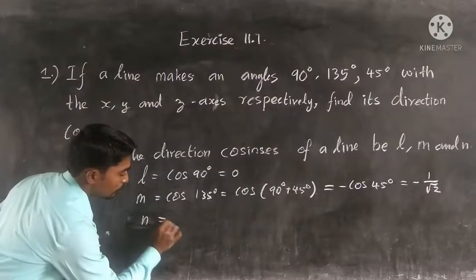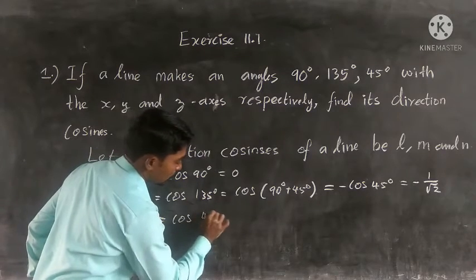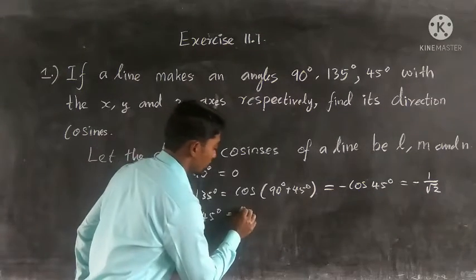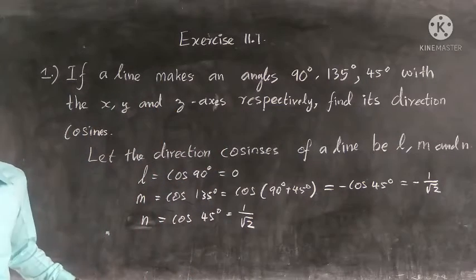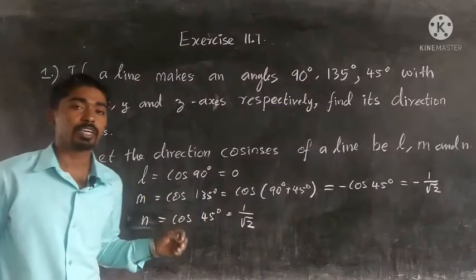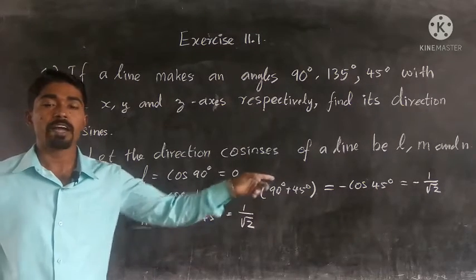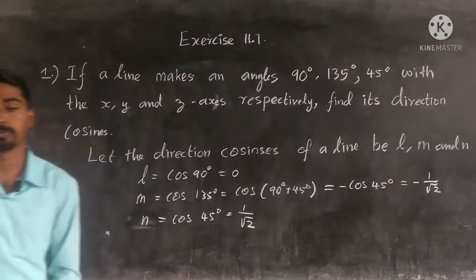And n is equal to cos 45 degree, that is 1 by root 2. Therefore, the direction cosines of the line are 0, minus 1 by root 2 and 1 by root 2.